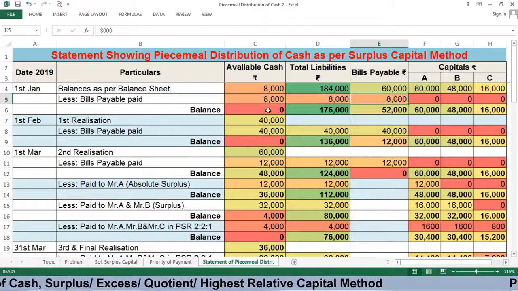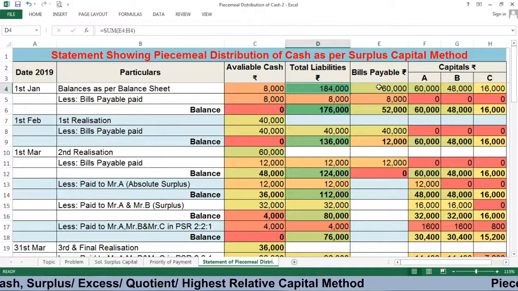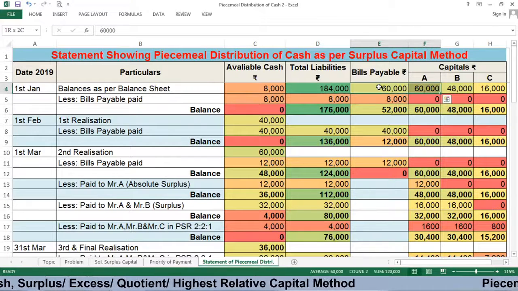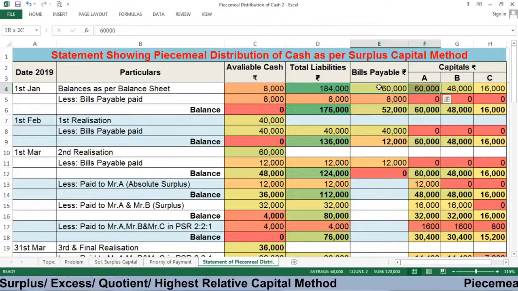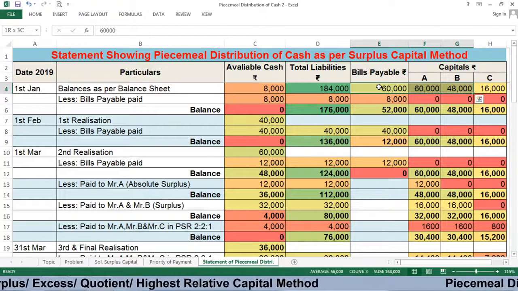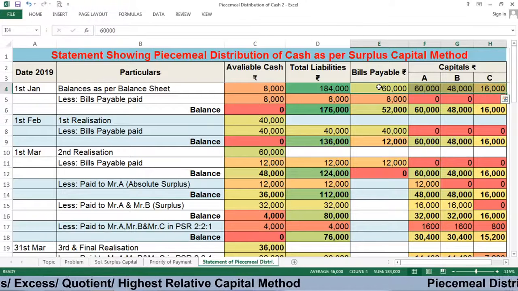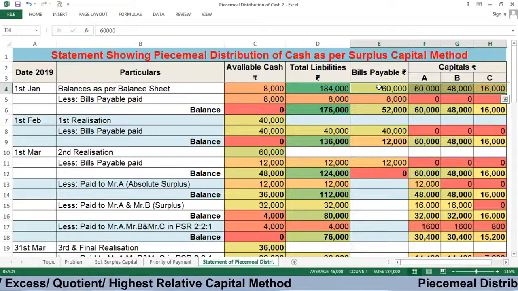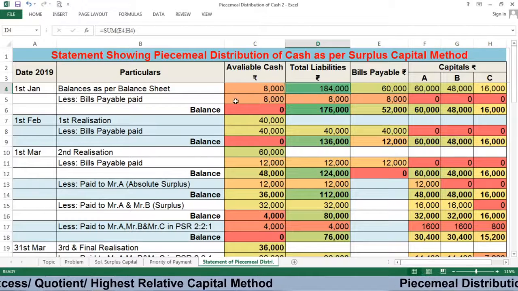After that, your cash will be nil. Total liability means what? Bills payable 60,000 plus capital of Mr. A 60,000, that is 120, plus capital of Mr. B 48,000, it comes to 168, plus C's capital 16,000. So total will be 1,84,000. So that is the total liability.